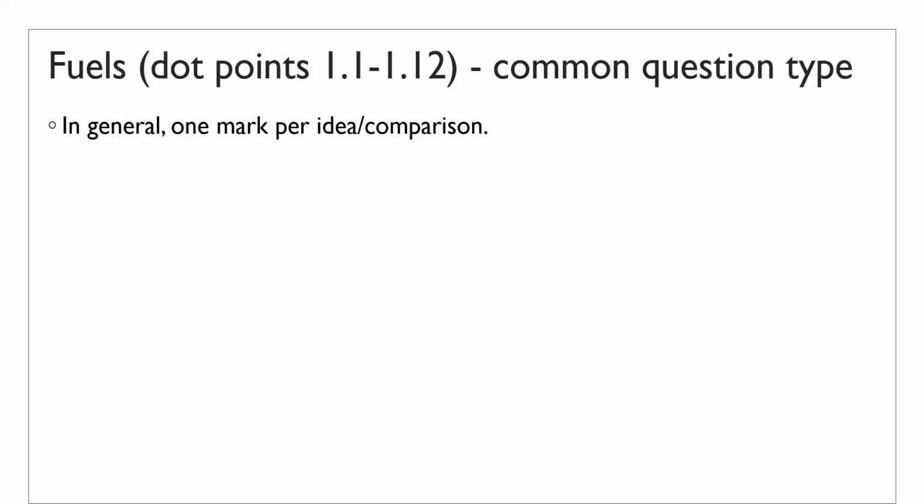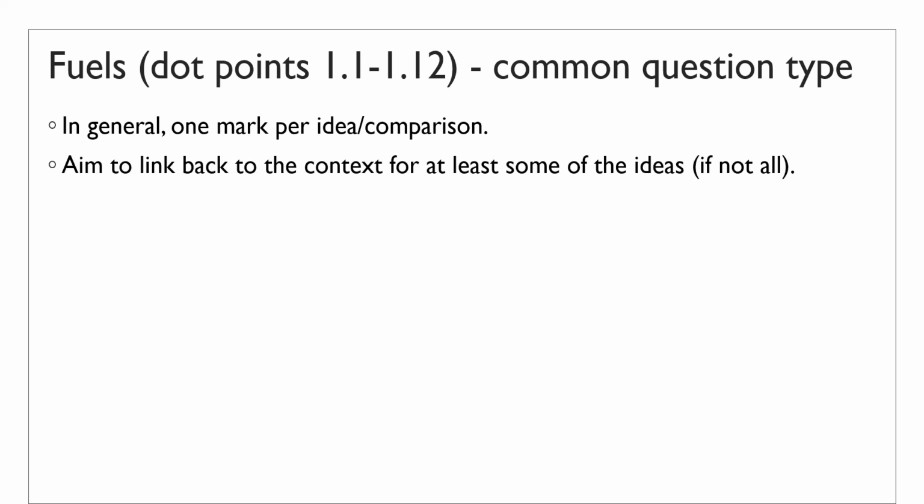But in general, context type questions tend to have a four marker when it's slightly open-ended and you have to talk about different things. The rule of thumb is still 1 mark per idea or comparison, depending on what you have been asked to do. So if it's a 4 mark question, try to give me 4 points. It could be 4 small paragraphs, but you want 4 points, okay?